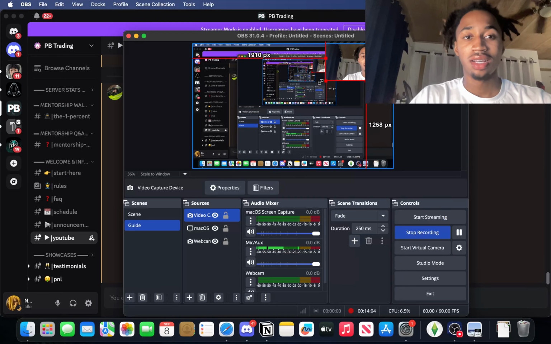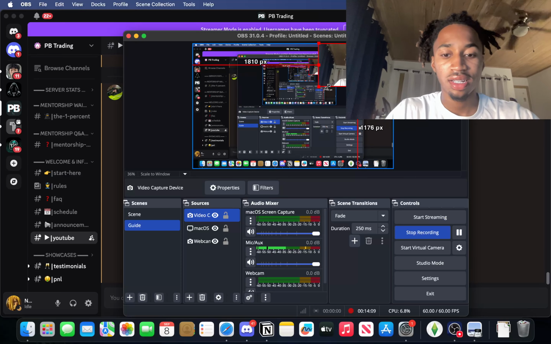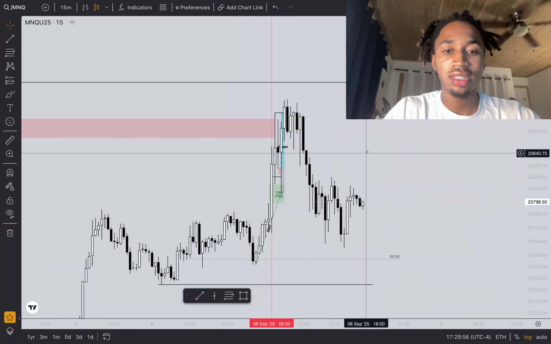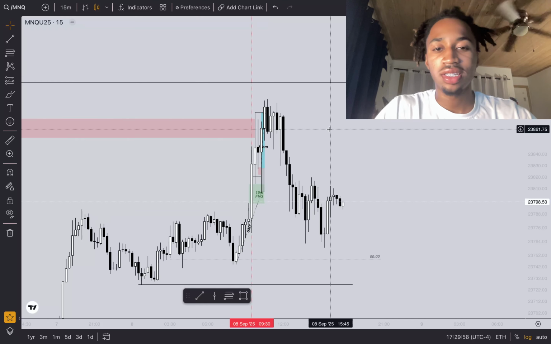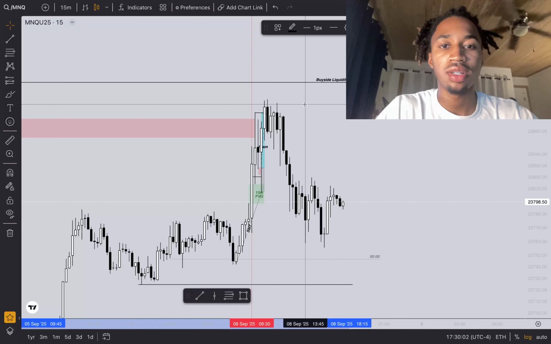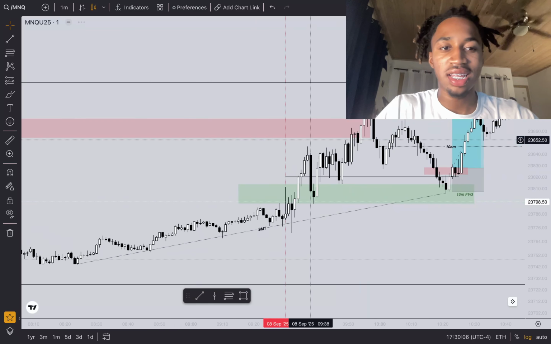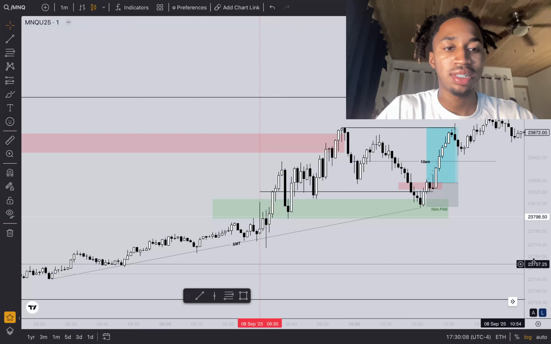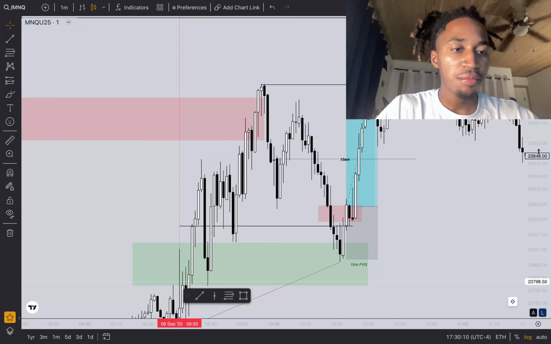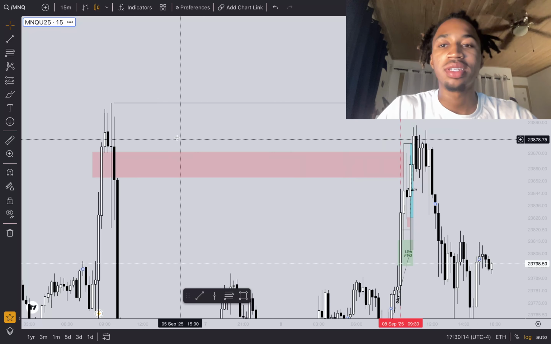But really quickly, I'm just going to review this draw on liquidity that I had originally wanted to see get hit. As you can see, this was the draw on liquidity, this buy side liquidity here. It did not end up getting hit in the AM session or PM session, but I wasn't going to cut back if there wasn't some sauce.